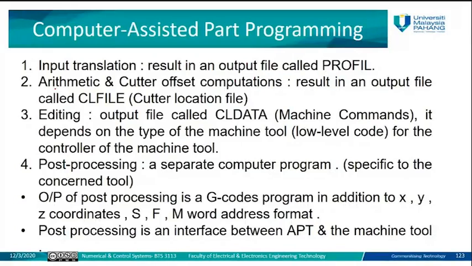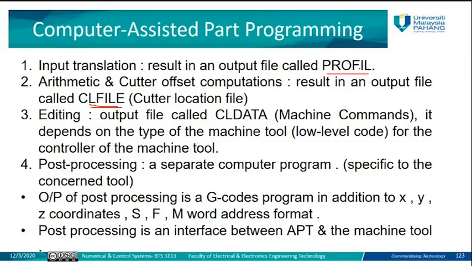Then the second part, arithmetic and cutter offset compensation, will result in an output file they call the cutter location file, the CL file. All these files will be stored in the computer, as a result of sending the information from the programmer to the APT.